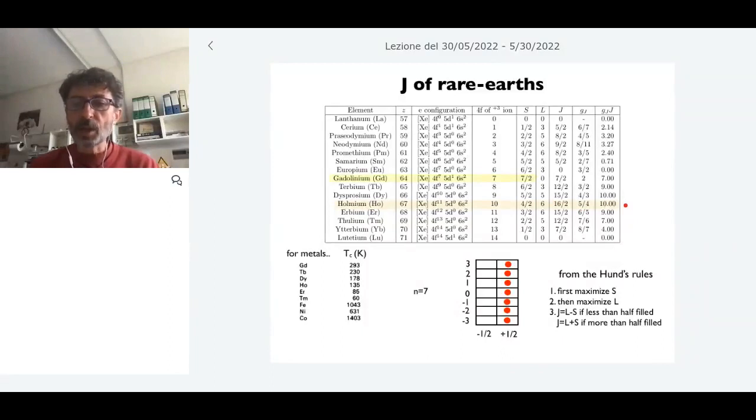Concerning magnetocaloric, it's the S that matters. All this is the consequence of the application of Hund's rules of quantum mechanics that Michael already mentioned. So gadolinium is a material with a lot of spin. You've also seen before that it could be one candidate for magnetic refrigeration in the cryogenic regime.